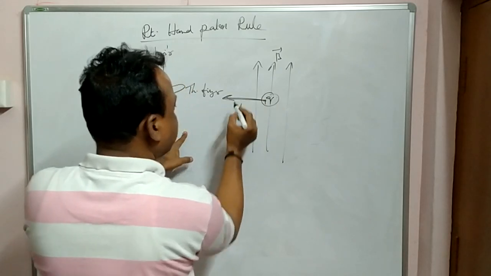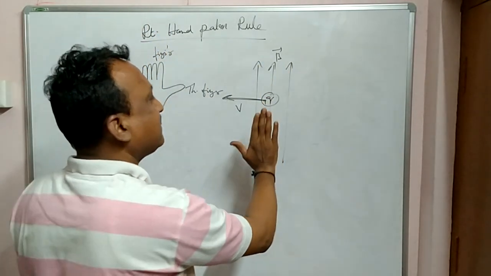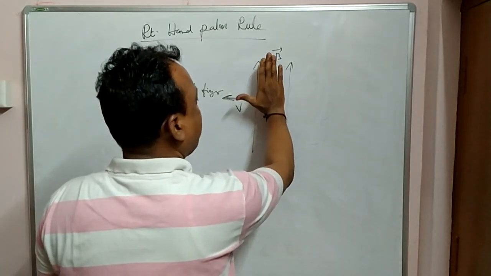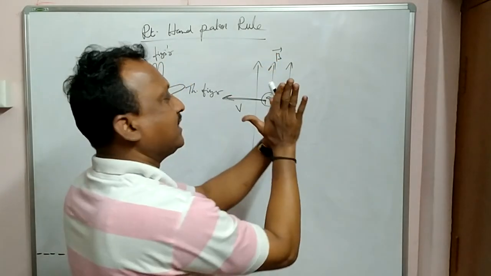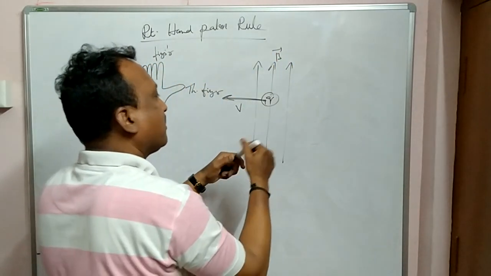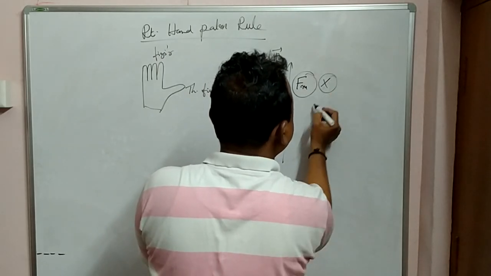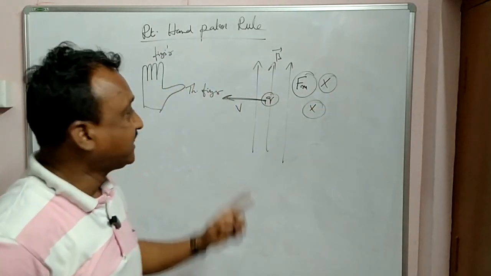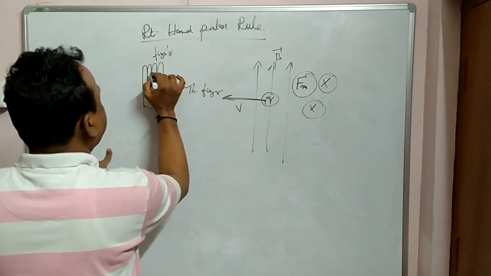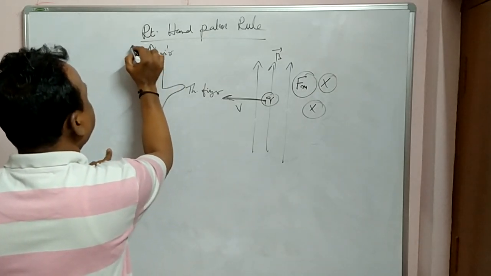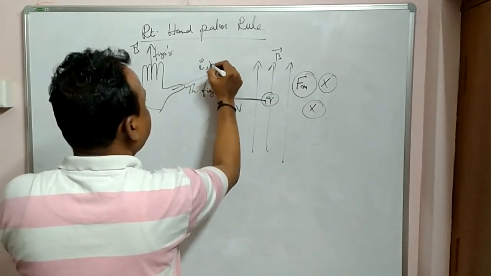Suppose the positive charge is moving in this direction. Stretch your four fingers like this, fingers along the direction of the field and thumb along the direction of the motion. Then the palm is facing inside, so the magnetic force is inside. This is how you have to utilize the palm rule. So the fingers indicate the direction of the magnetic field, and the thumb indicates the direction of the positive charge.